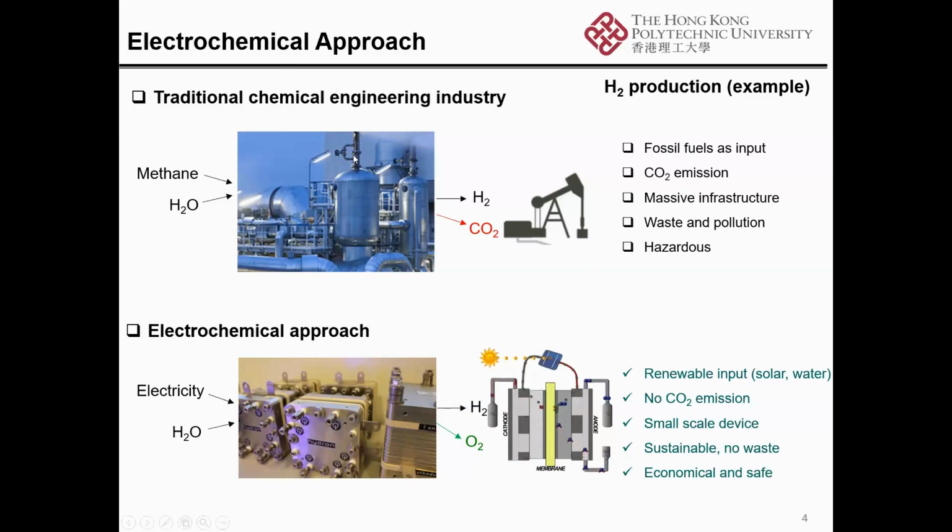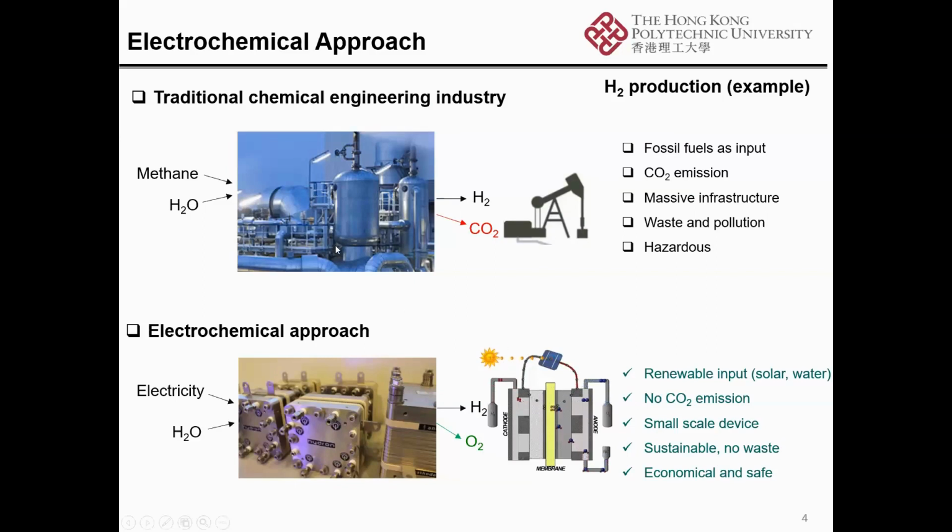So this small device can be used for on-site production. For example, if we need hydrogen peroxide, we can use such a device in our home to produce hydrogen peroxide for disinfection. But for the traditional approach, normally we need long-term transportation. We need high cost for the transportation and so on and so forth.